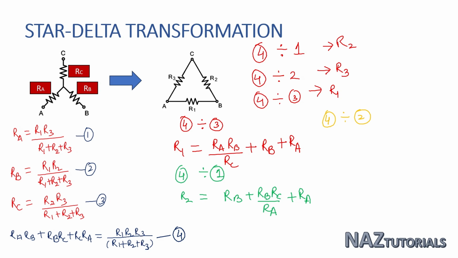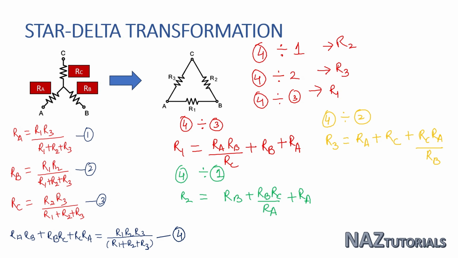So R3 is equal to RA plus RB plus RCRA divided by RB.